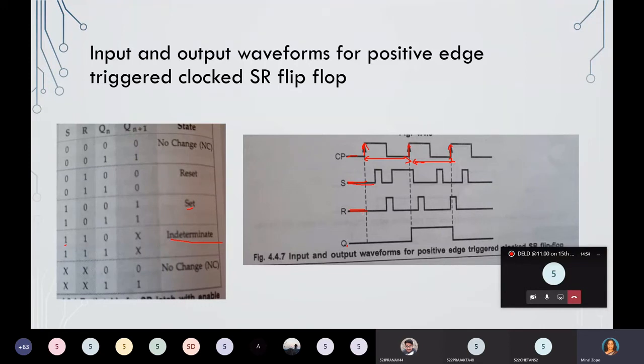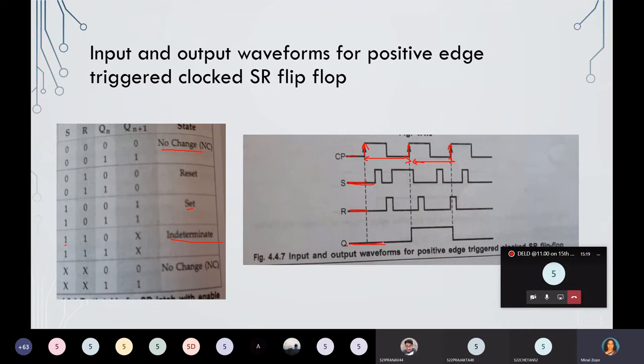So what is the next state when S and R are 0? It is the no change state. No change means whatever the present state is, that will be my output state, and that will be shown in the output. This Qn plus 1 is the output of the flip-flop. So as S and R are 0, whatever the present state is will continue.